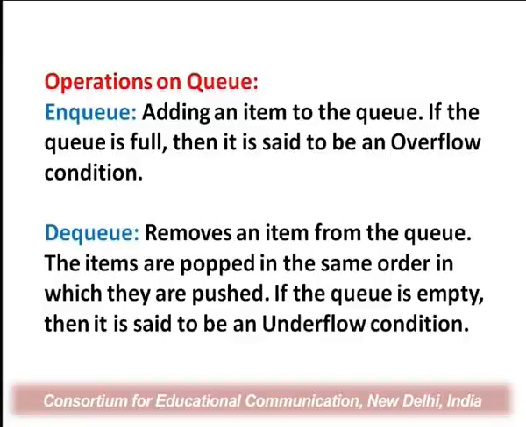To implement the DQ operation, we need to check for the underflow condition. Underflow condition says the queue is empty. If the queue is empty, then we cannot DQ any element from it, and we say that the queue is in the condition of underflow.